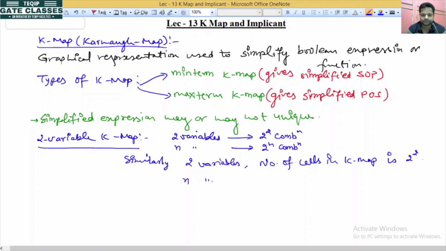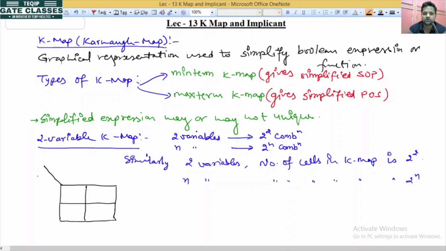So for n variables, the number of cells in a K-map is 2 to the power n. Now I want to form the two variable K-map here. How does it look? To form a two variable K-map, it looks like this, a 2 cross 2 matrix.